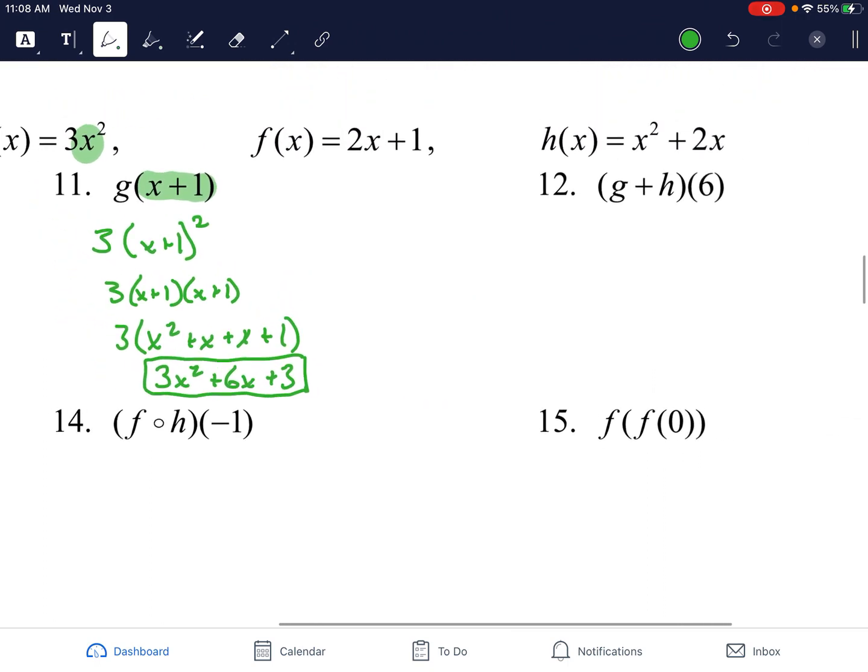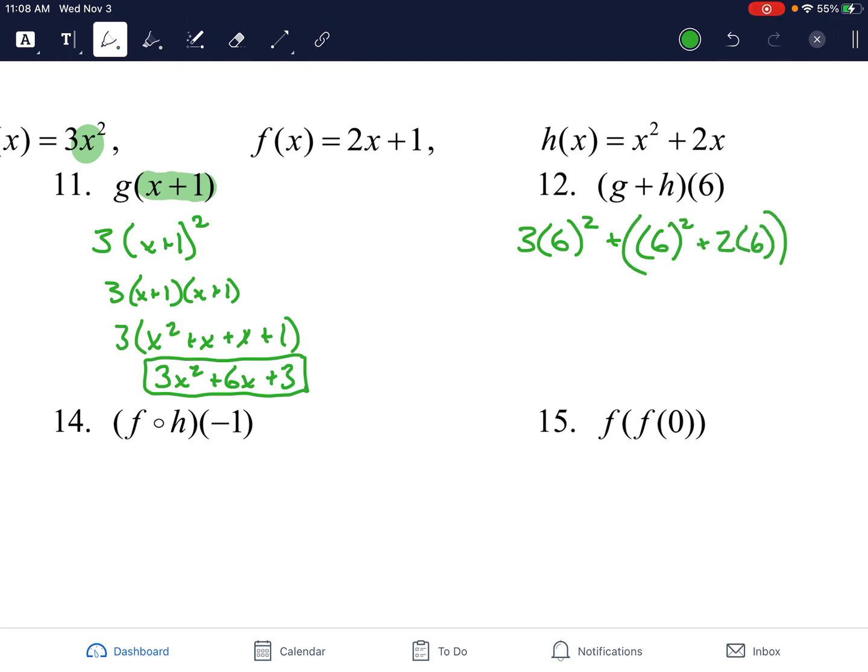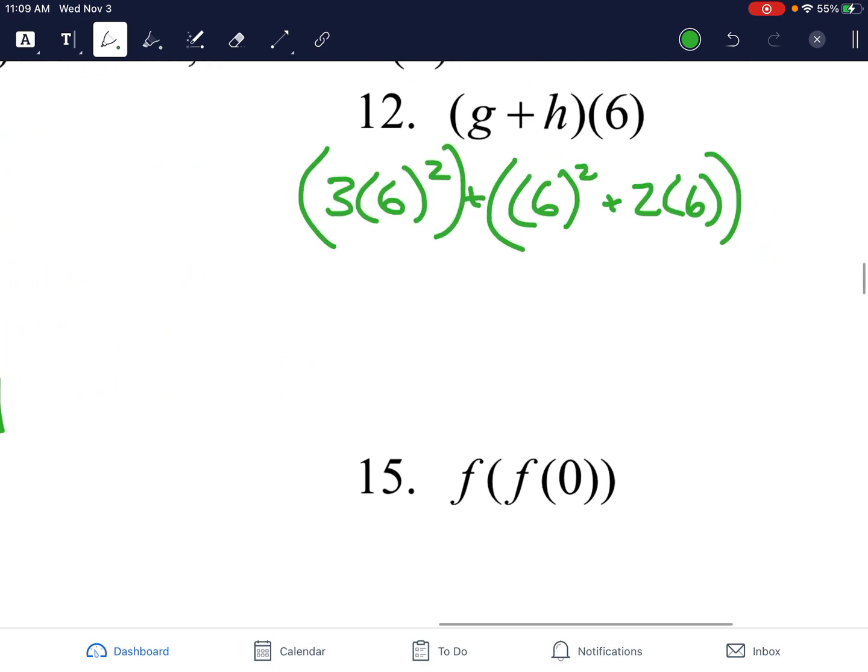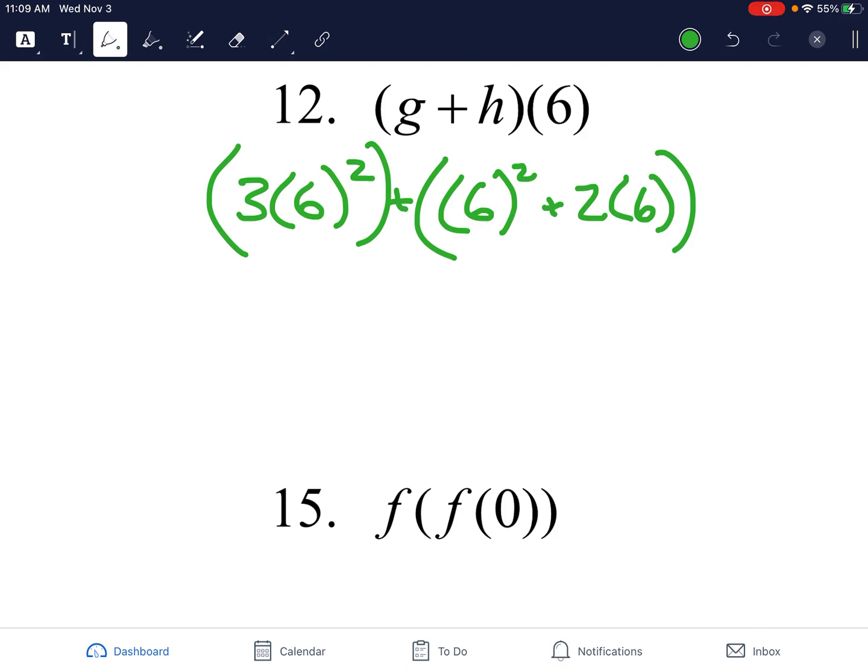All right, number 12, g and h. So we're putting 6 into both g and h. For g, we have 3 times 6 squared, plus h, where the x is being replaced by 6 squared plus 2 times 6. I'm going to put both of these functions in parentheses, just because it's a good habit.